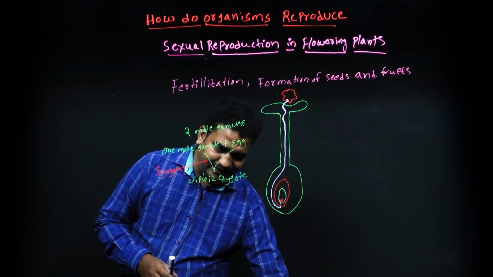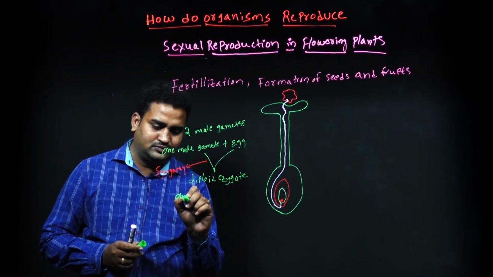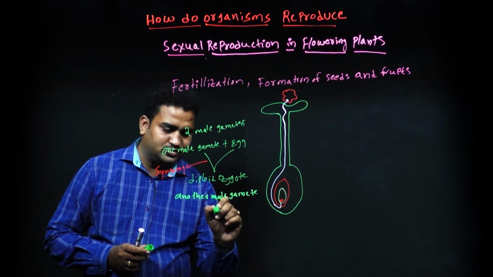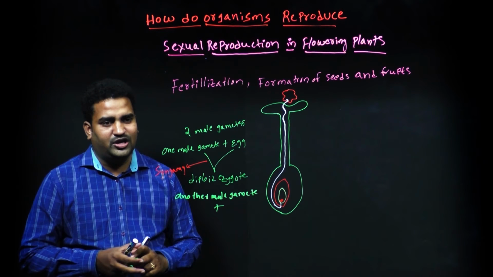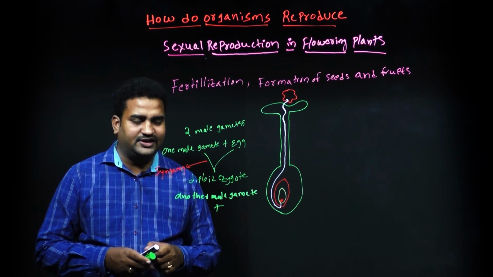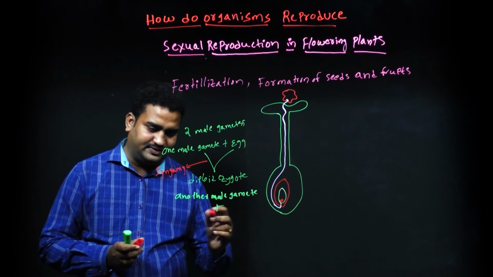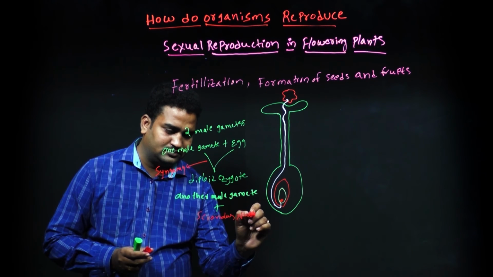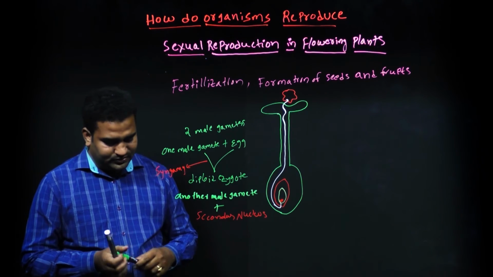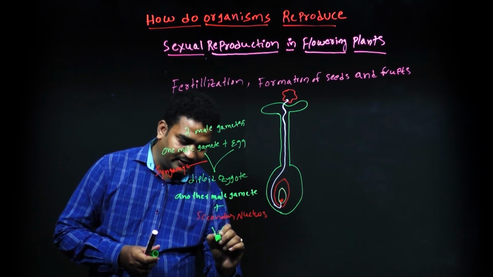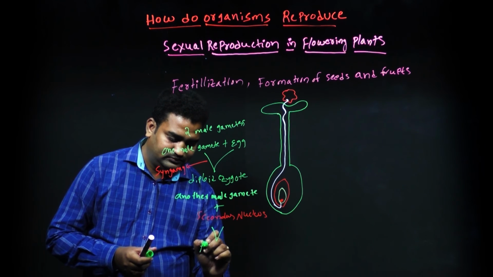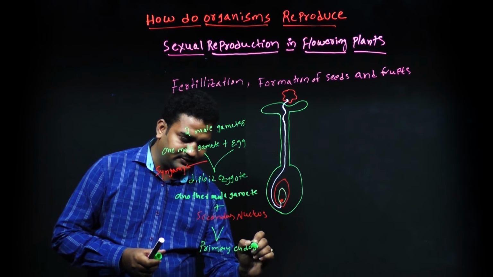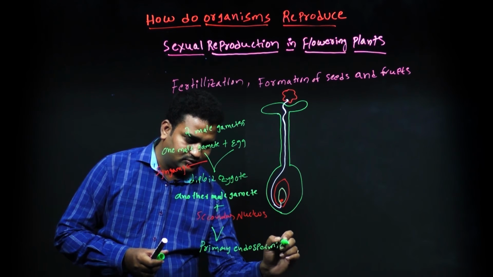And another male gamete fuses with the secondary diploid nucleus that is present inside the embryo sac, and forms the primary endospermic nucleus.